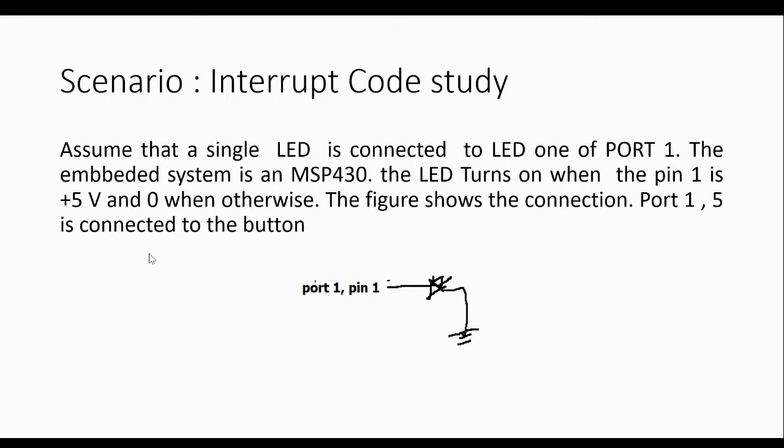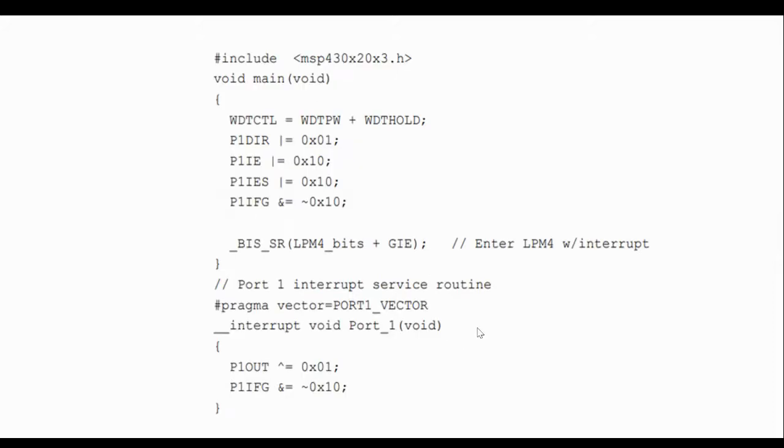Now let's assume that you have port 1.1 connected to an LED and then grounded.